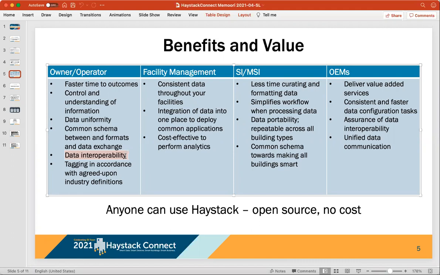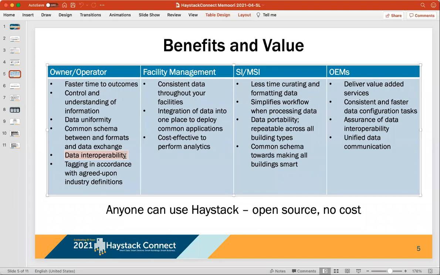I can connect to that BACnet or Modbus or MQTT device, whatever, and I can get bits across the wire. But when we're talking about data interoperability, we're talking about, can we easily use that data? Do we know what it means? And can we use it in other applications that may have had nothing to do with the original piece of equipment, that wasn't within the design intent of the manufacturer of the device?